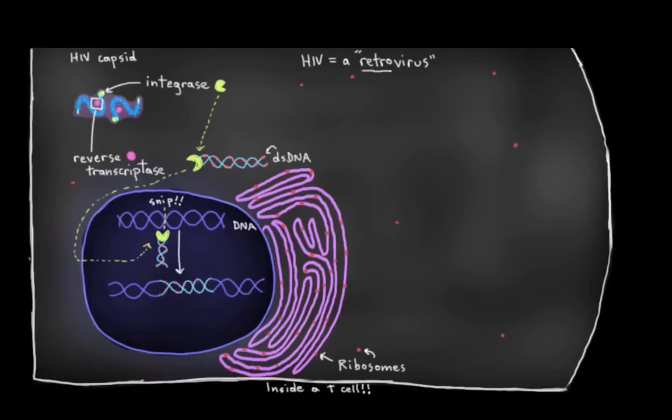And this step essentially establishes the lifelong infection with HIV. The viral DNA has sort of now become congruent with our own DNA. So from here, a few different paths can be taken.